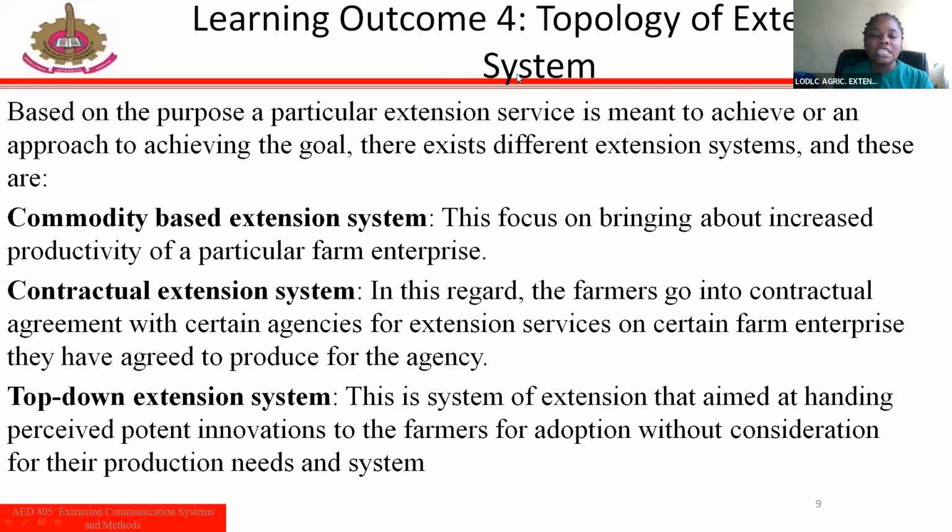So this is what we are giving you, take it like that. It's a top-down approach. Information comes down from the top to the lower level, to the farmers, without even asking for their felt needs or what they actually desire to have.